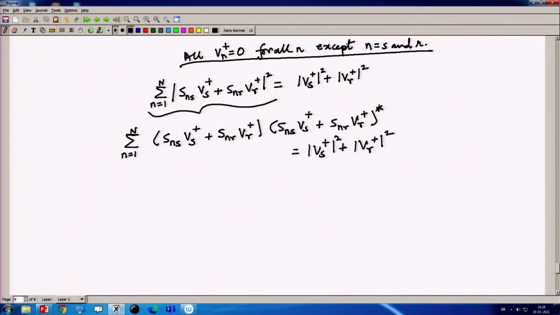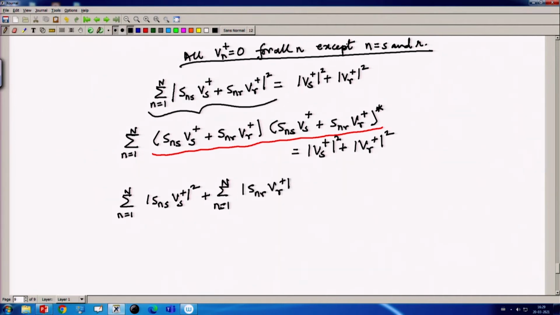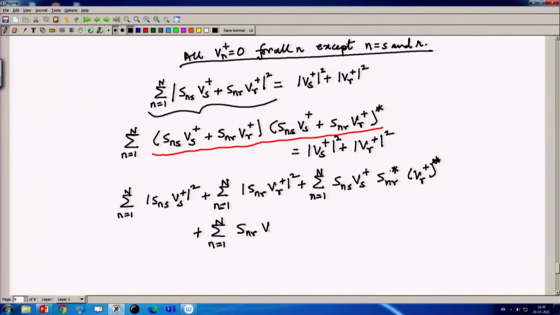okay. Then we expand the left hand side, and when we expand we get, so we name this equation 6.